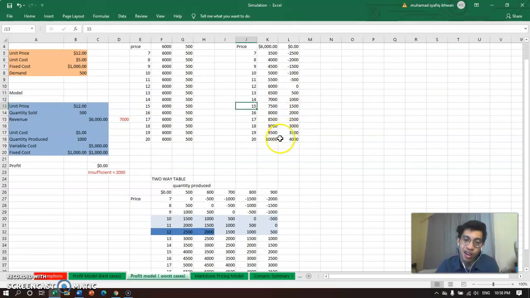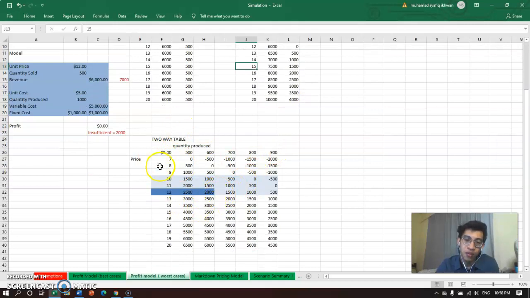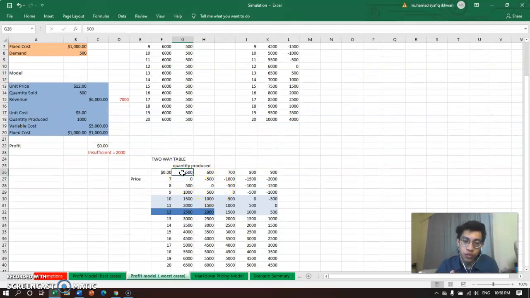So I'm using the two-way table for me to see whether to change my production volume to help me gain a profit of 2,000 ringgit. So this is the price and this is the unit quantity produced that I will be changing to gain a profit of 2,000.